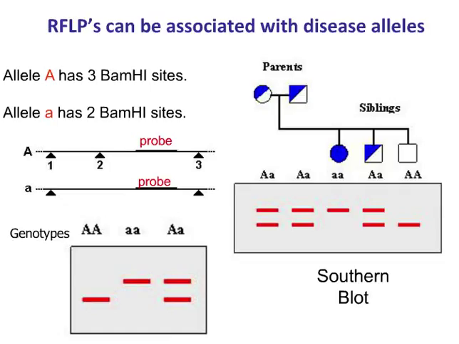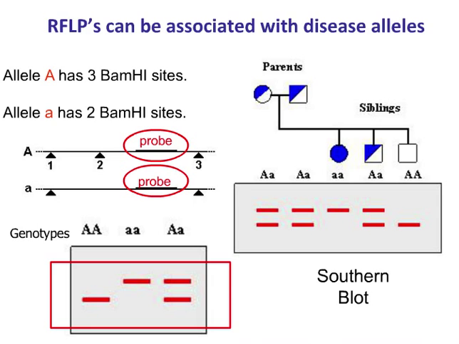Thus, digestion of the wild-type allele will produce a shorter DNA fragment than restriction enzyme digestion of the mutant allele. After Southern blotting of the restriction enzyme digested DNA with the probe that is common to both the long and short BamHI fragments, it is possible to genotype a family.